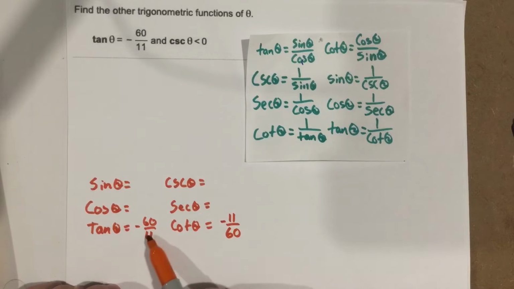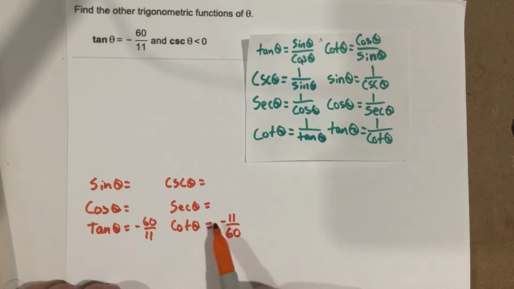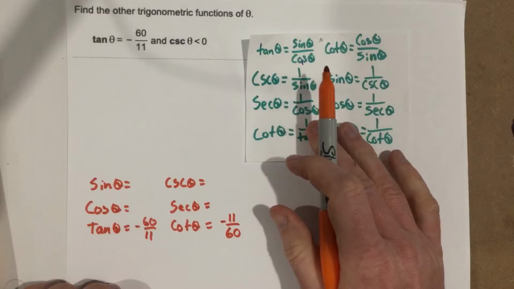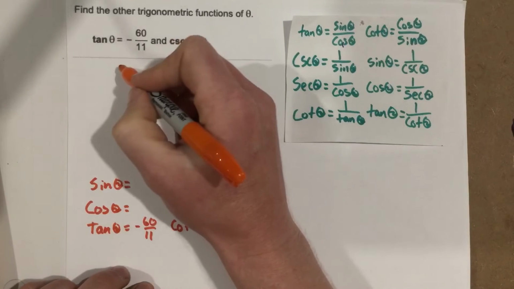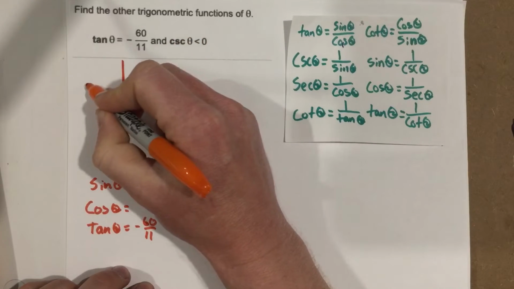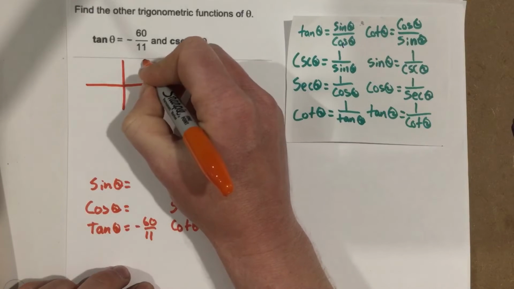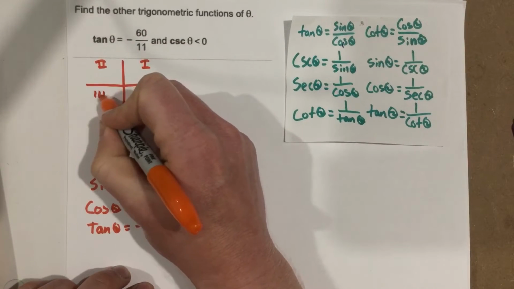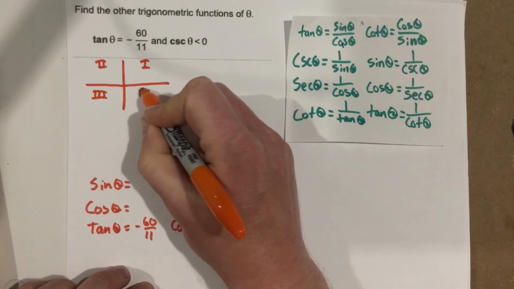Now, once I have these written out with the reciprocal identities, I need to find the other 4, and I've got to figure out what quadrant I am currently in. So, quadrant 1, quadrant 2, quadrant 3, quadrant 4.